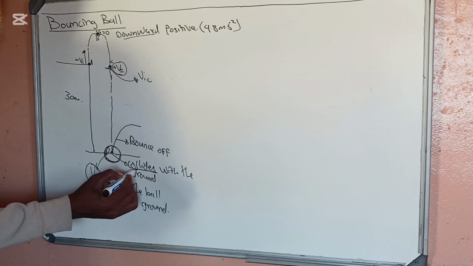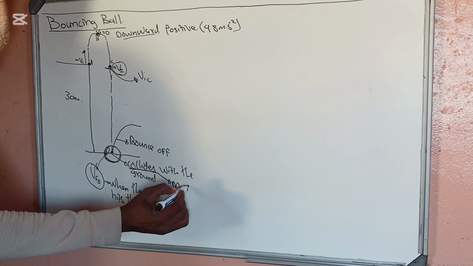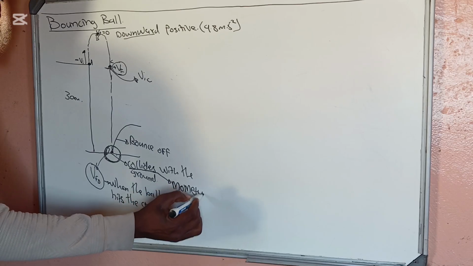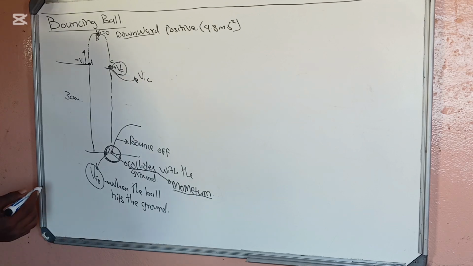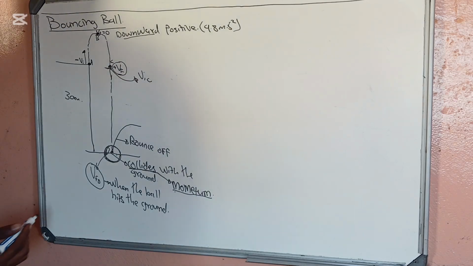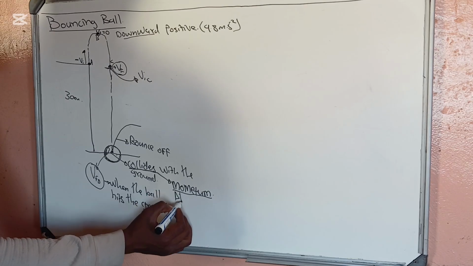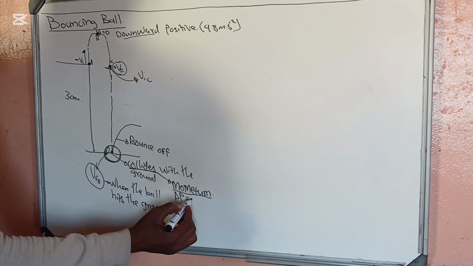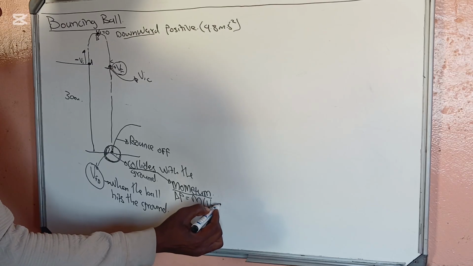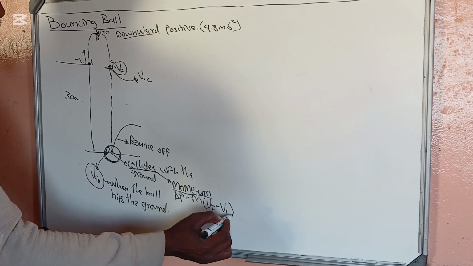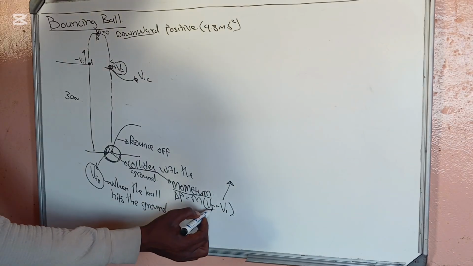And immediately, like a collision, topic in momentum, where now you are going to apply momentum. And then your change in momentum, Δp, is equal to m(vf minus vi). Now, what is this vi? And what is this vf?